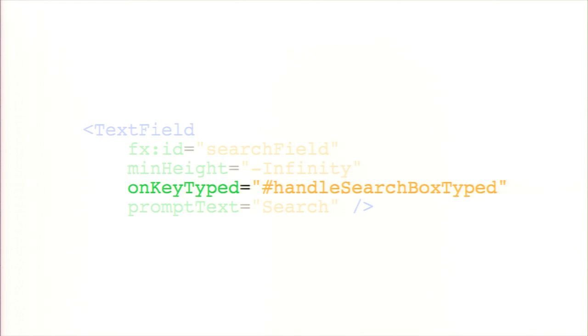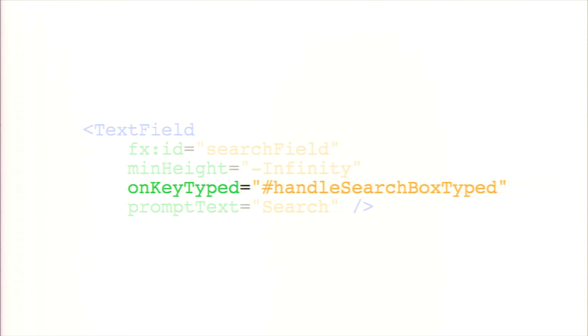To do this, I defined a key typed handler, which is called every time you press a key. In this case, I wanted to make sure that every time a key gets pressed in the text field, I start a timer, and when the timer is up and the user hasn't typed any key for half a second, I start a request with the current value of that text field. So in here you define another attribute, you add this little hash, and then put there the name of your event handler, onKeyTyped.